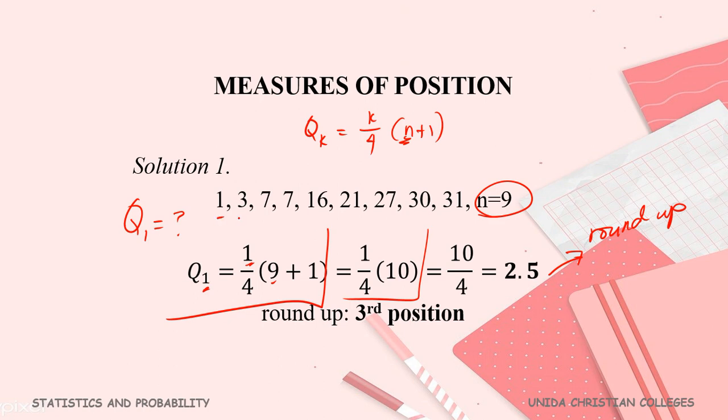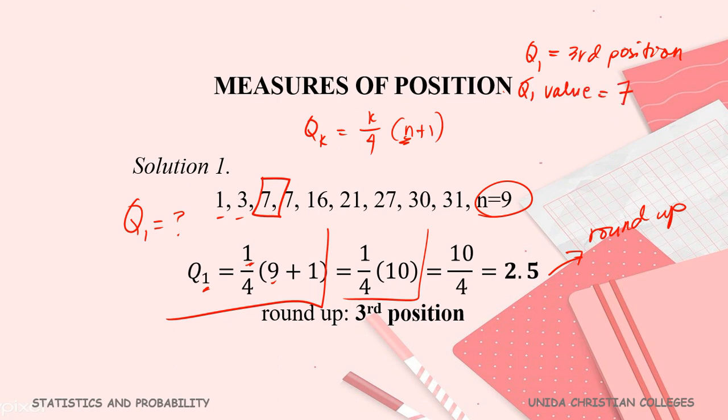We have 1, 2, 3. So now, this will be the value of your first quartile. We have 7. So again, first quartile po natin is third position, and then yung value naman ng ating first quartile is equal to 7.